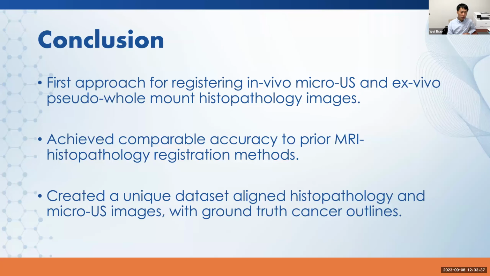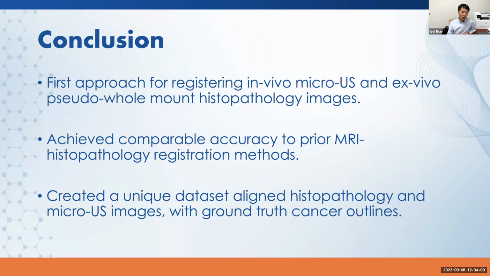To summarize, we have developed the first approach for registering the in vivo micro-ultrasound images and ex vivo pseudo-whole-mount histopathology images. Those numbers and the visual results demonstrate that our approach has achieved results comparable to prior MRI-histopathology registration methods.